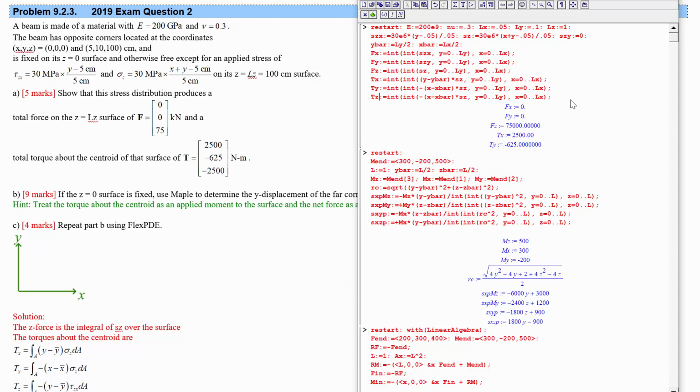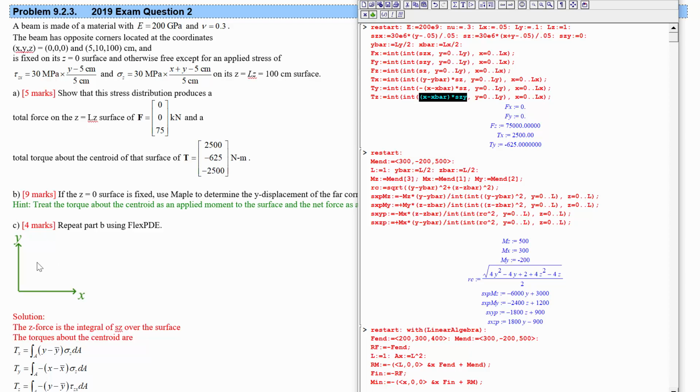So that will be the y displacement, y minus y bar, times the stress on z in the, oh wait, I read that wrong. The x displacement times the y stress. So x minus x bar times szy. And then we're going to get another one from the x stress.